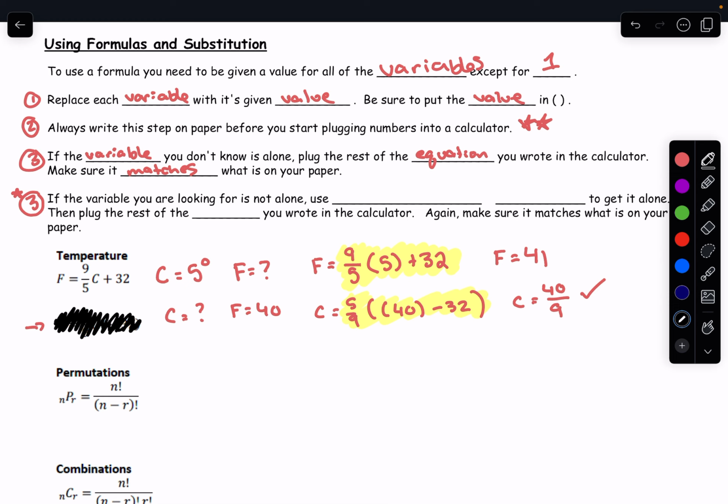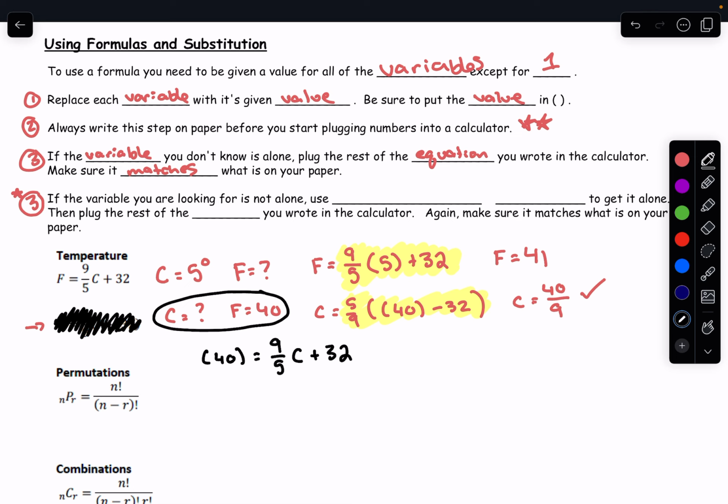If I only had the formula for Fahrenheit and I had to find the Celsius degree given the Fahrenheit degree. Well, when I plug that in, I've got 40 over here, and then I've got 9 divided by 5, C plus 32. So in this case, the variable I'm looking for is not by itself.